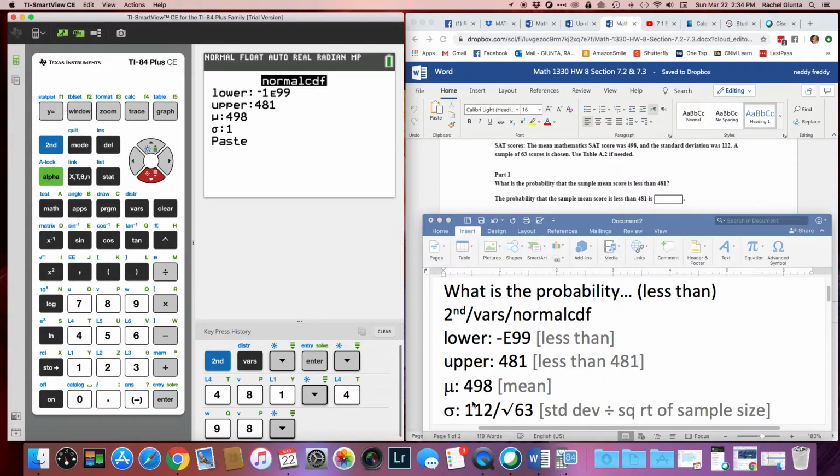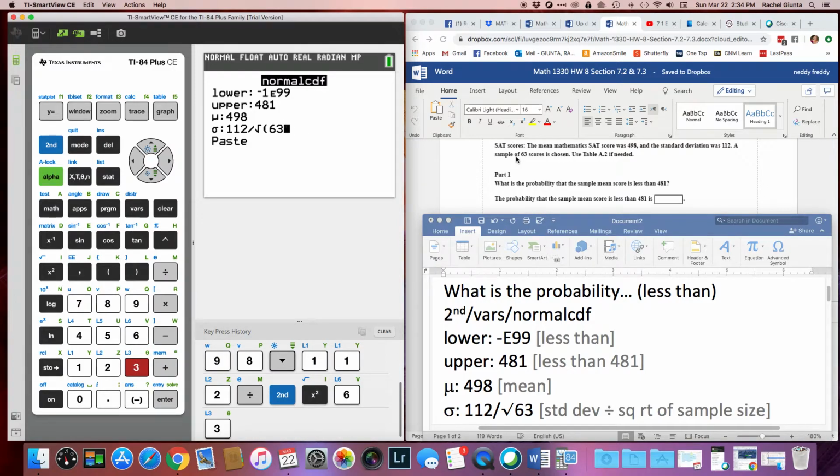In 7.2, we would have just put the standard deviation in there, 112. But now we're going to put the standard deviation divided by the square root of the sample size. So divided by, and then square root is second and x squared, and the sample size is 63.